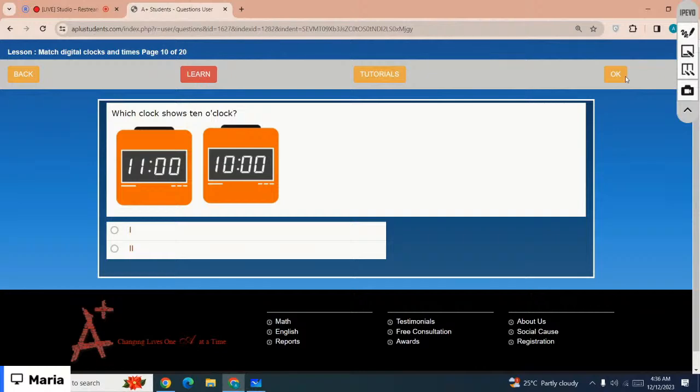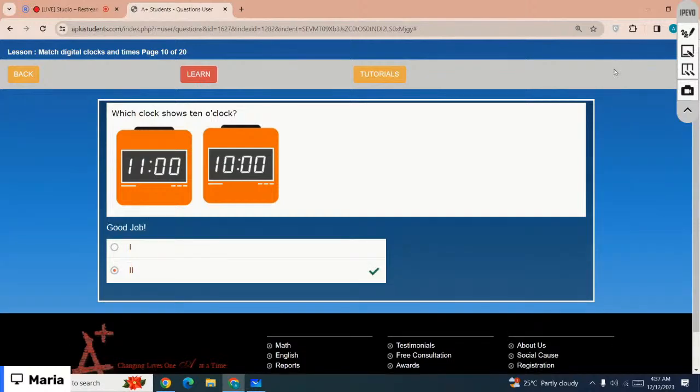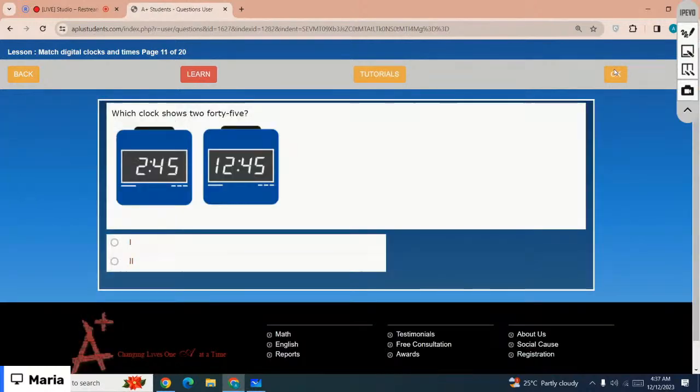Option number 2 is the correct option. Which clock shows 2:45? Which is the correct option?